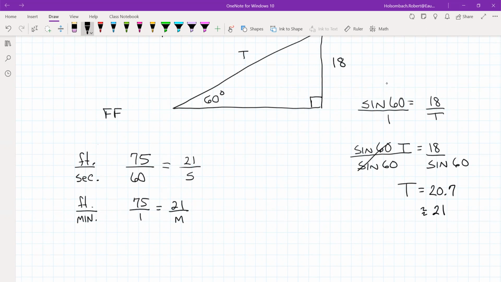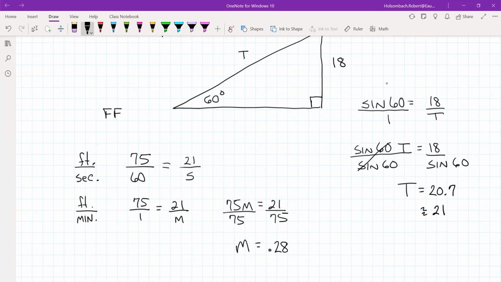So we're going to crisscross multiply. 75 times m is 75m, and 1 times 21 is 21. So we've got to divide both sides by 75 now. And our m, which is the number of minutes, is equal to 21 divided by 75, which is 0.28 minutes.